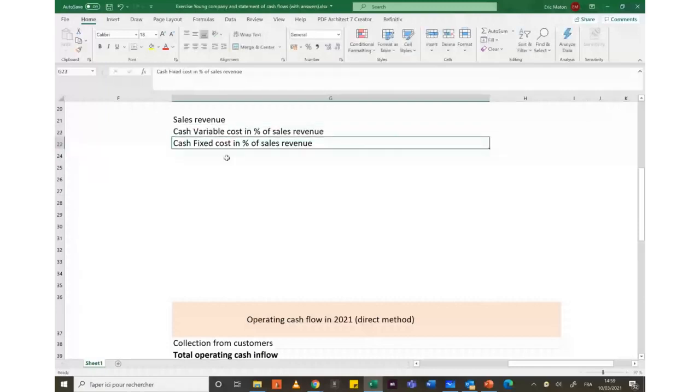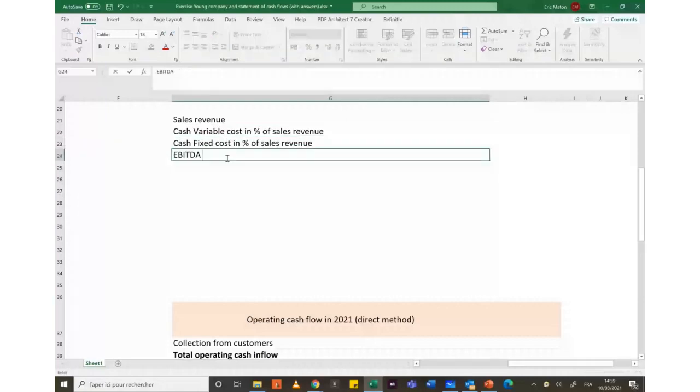So now we have the EBITDA in percentage of sales revenue.